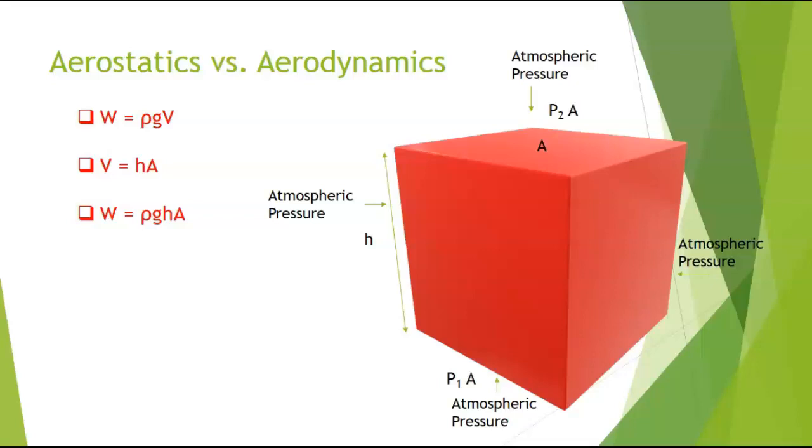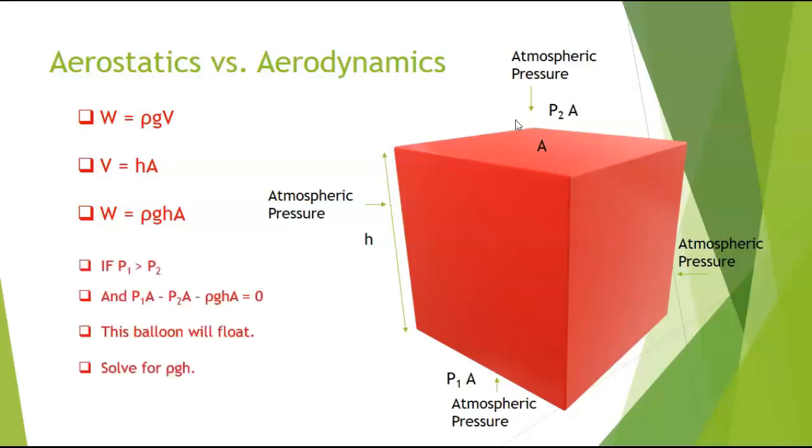So if volume equals height times the area, then weight equals density times gravity times height times the area. If pressure 1 below the balloon is greater than pressure 2 above the balloon, and pressure 1 times area minus pressure 2 times area minus the weight of the balloon equals 0, then the balloon will float.